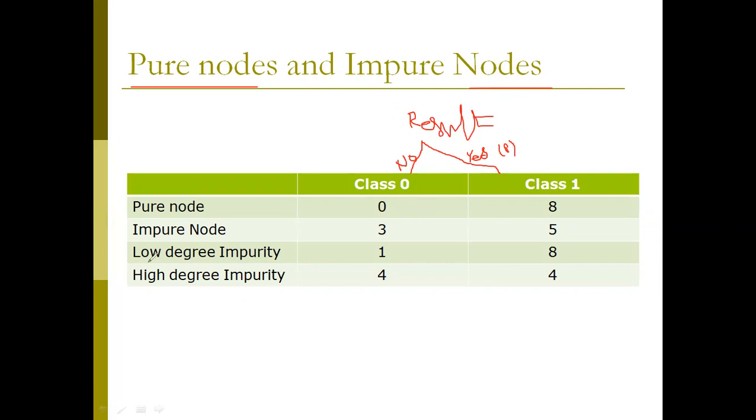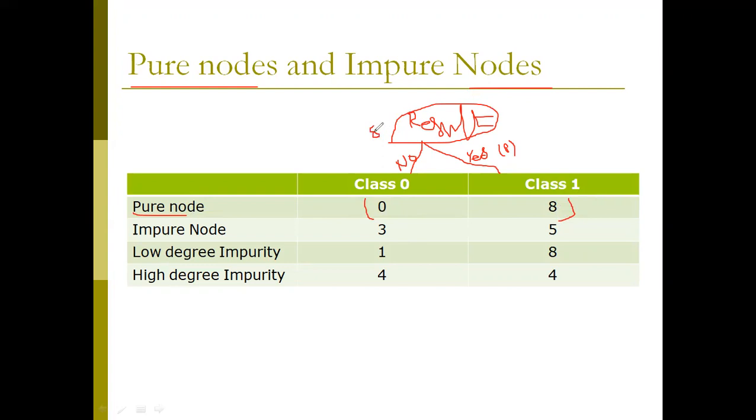Now, what is a pure node here? Pure node means if you perform a test on a particular attribute, that attribute would give the result of 0 and 8, where 8 is the total number of records at this place.